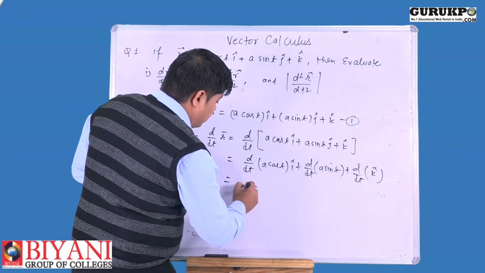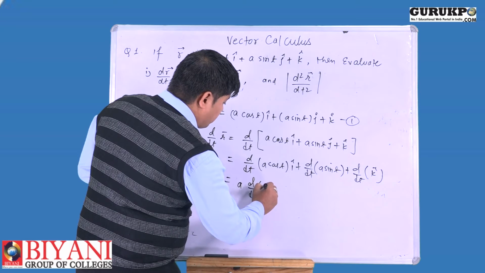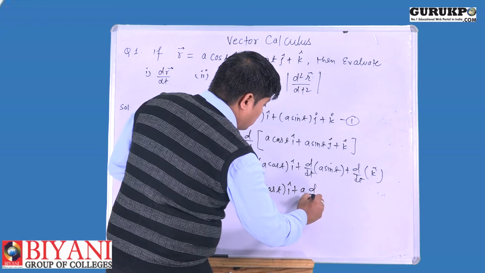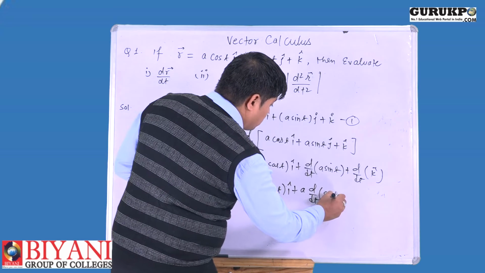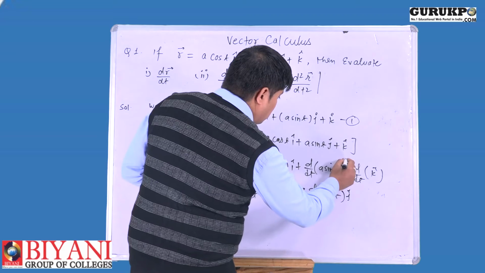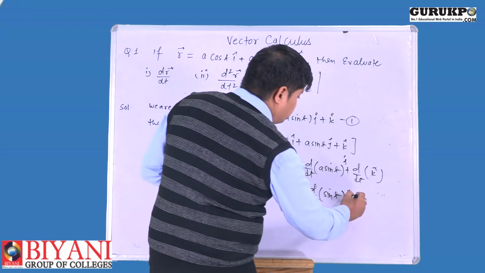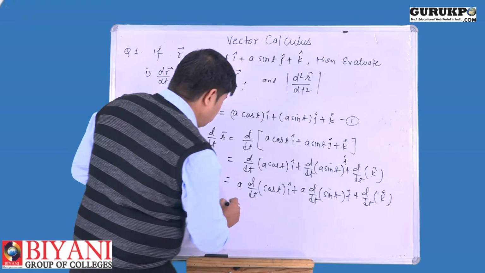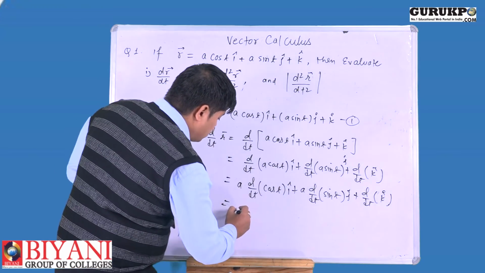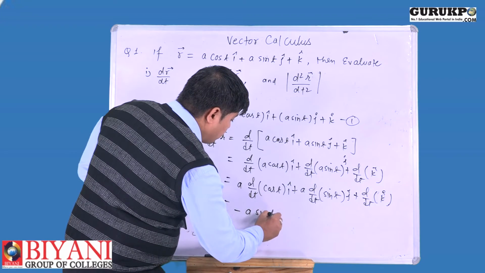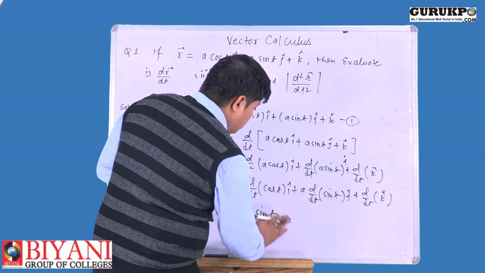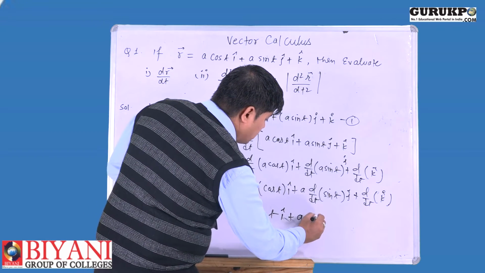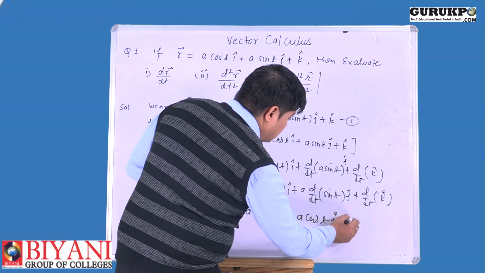So we know that the differentiation of cos t is minus sin t, and the differentiation of sin t is cos t, and the differentiation of the constant k is 0.